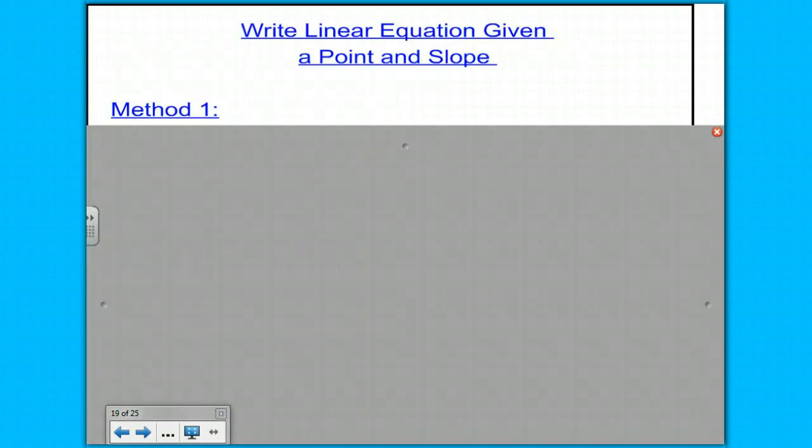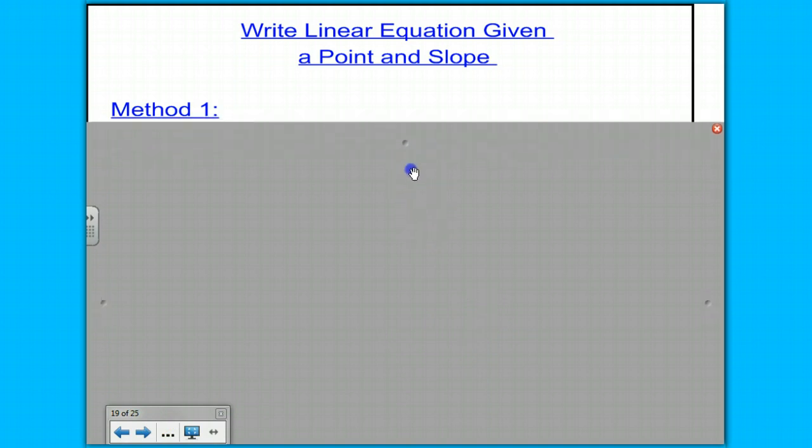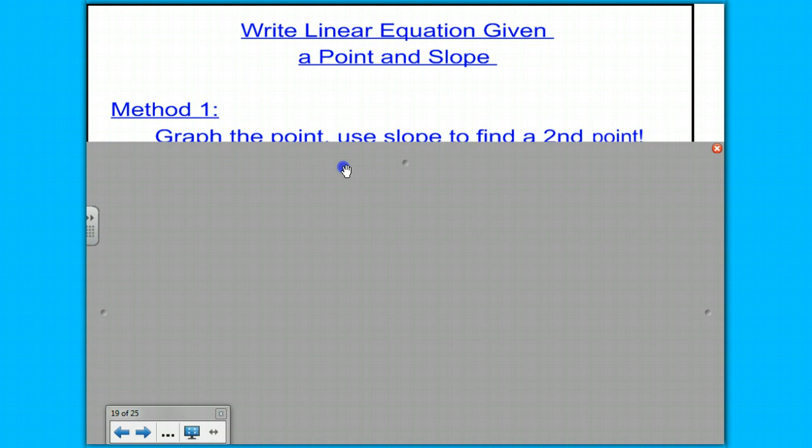Okay, the method we just used for writing a linear equation for 2 points, you all look strong with. Remember, if you have to write a linear equation when given a point and slope, you simply go graph it.